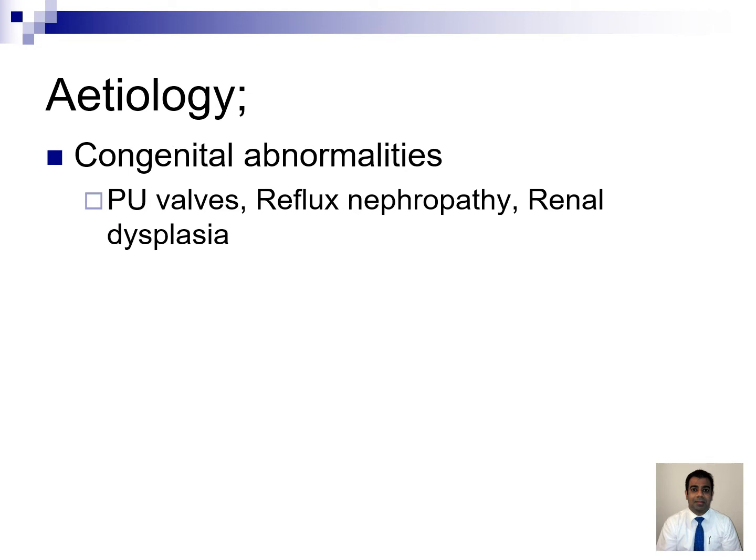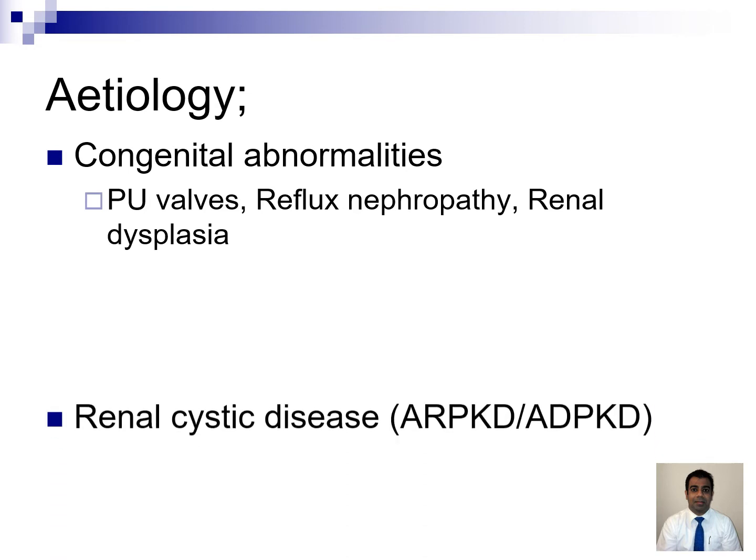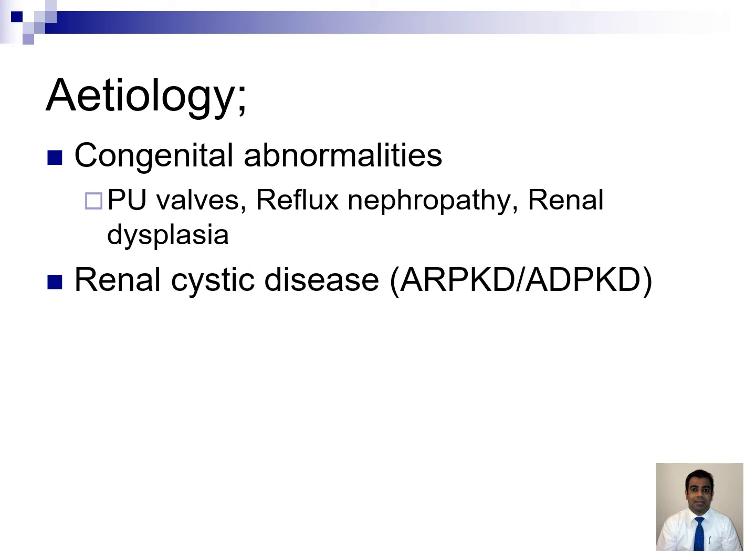So what are the main etiologies behind chronic kidney disease in children? By far the most important entity in children are the congenital abnormalities, which are now called CAKUT, or congenital abnormalities of the kidney and urinary tract.